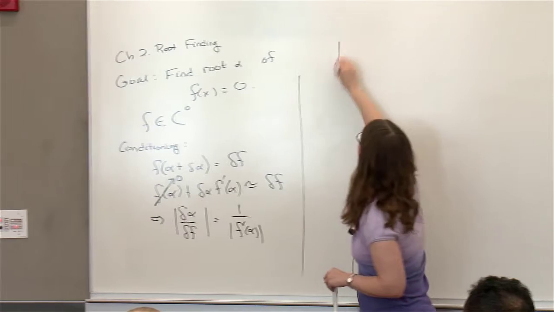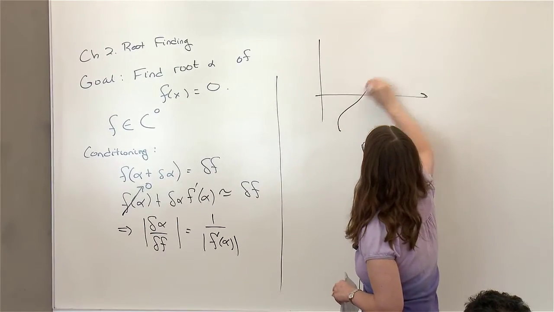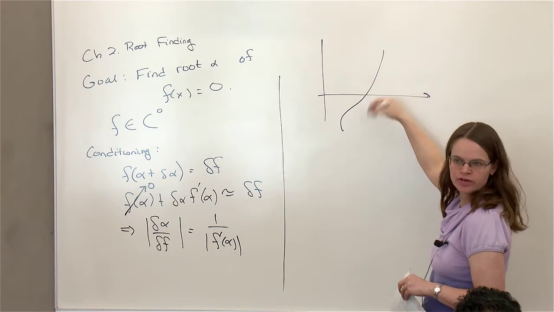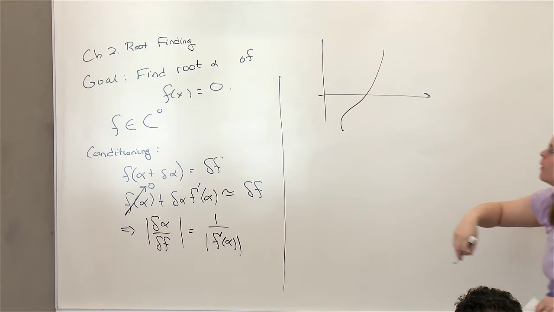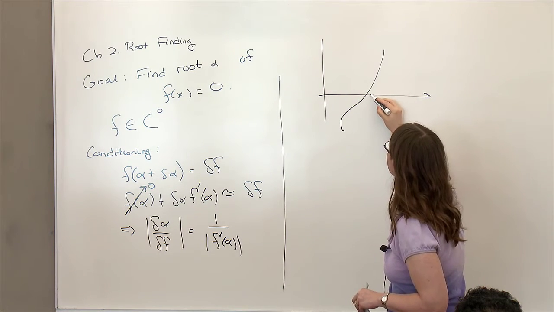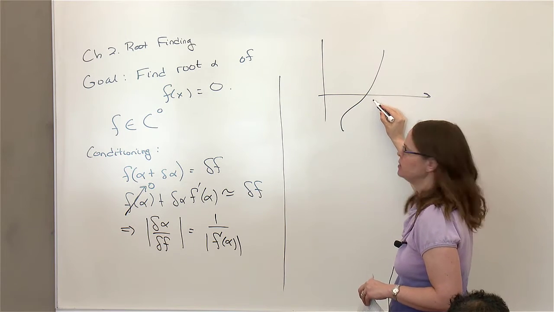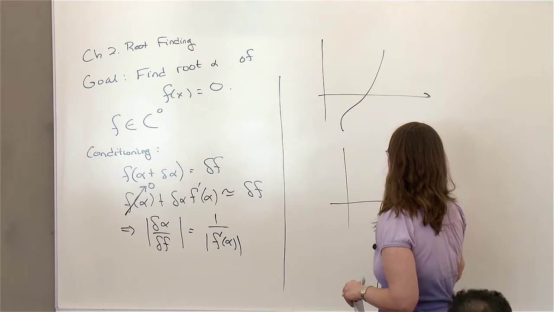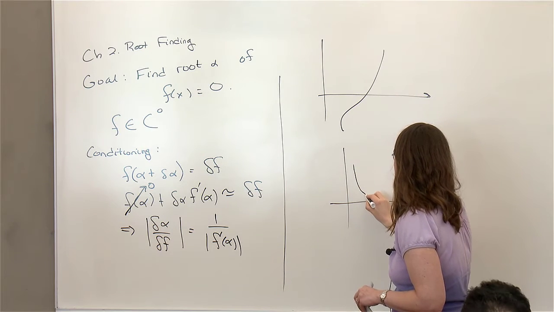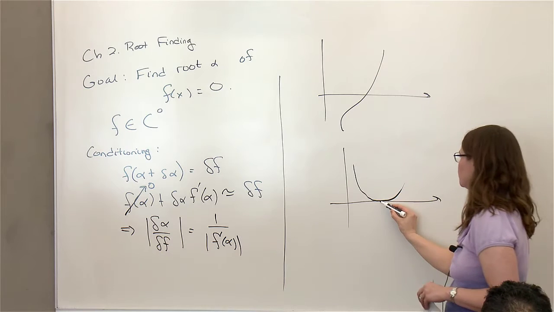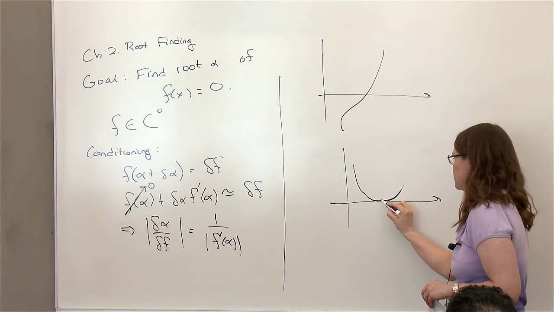If I just draw a picture here, this is my f. For an f like this, the derivative is not 0. If I'm a little bit away from the root, so I've gone up a little bit this way, I've also gone to the side a little bit. Whereas if I have something where f prime is allowed to vanish, maybe this is my root.